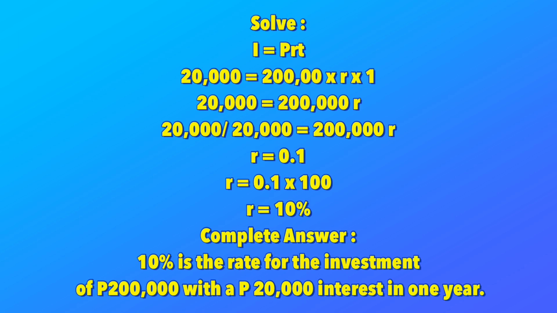Then since we are computing for the rate, we're going to multiply this by 100. So 0.1 times 100 is equivalent to R equals 10%. So our complete answer now, 10% is the rate for the investment of 200,000 pesos with a 20,000 interest in 1 year.